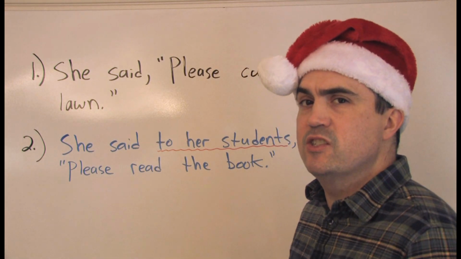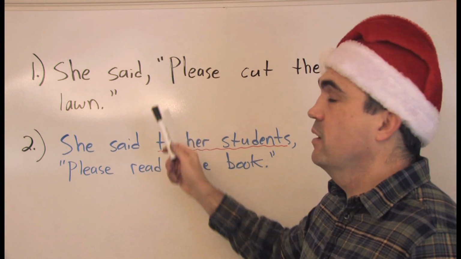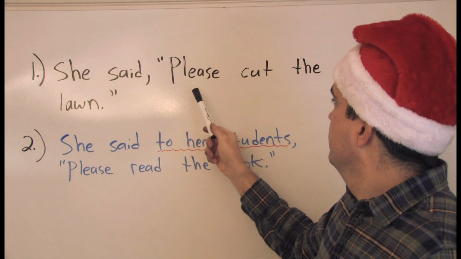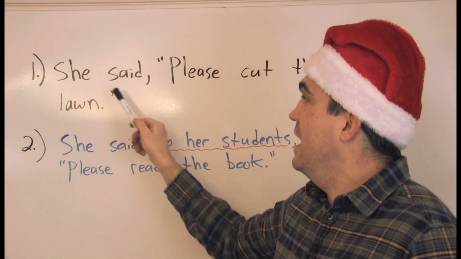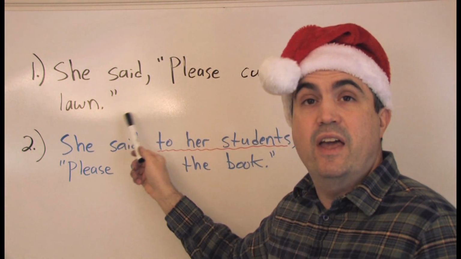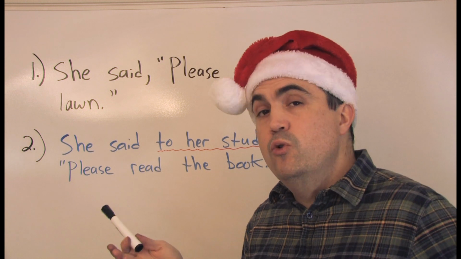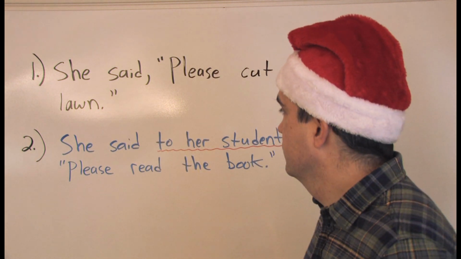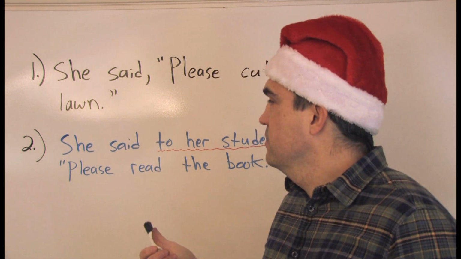Okay, quoted speech examples. She said, comma, quotation marks, capital. She said, "Please cut the lawn." Okay? So she said something. We don't know to who or who the audience is. Okay? And that's perfectly fine. What if we want to say who the audience is?